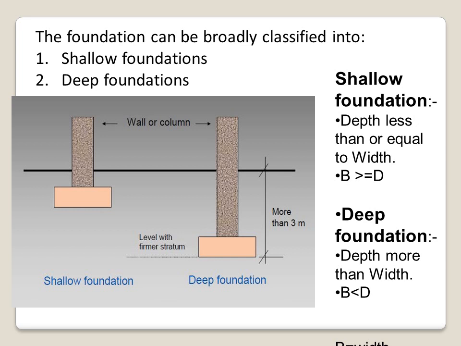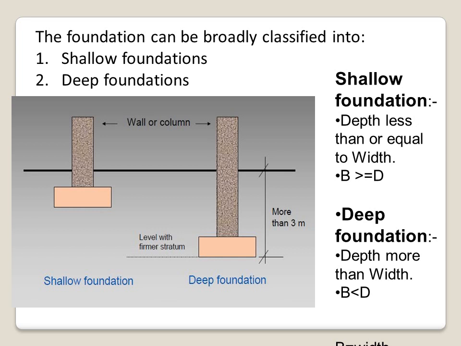The foundation can be broadly classified into two types, as I said earlier: shallow foundation and deep foundation. This is a figure representing the shallow foundation and deep foundation. Shallow foundation is one where the depth is less than or equal to the width, where capital B is the width of the foundation and D is the depth of the foundation, and in deep foundation the depth is more than the width.